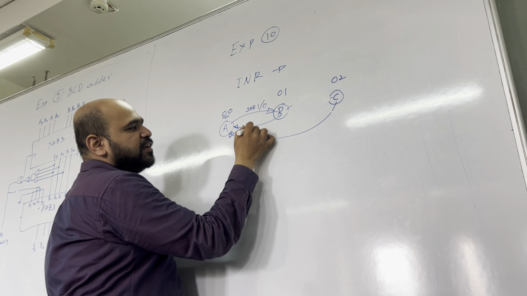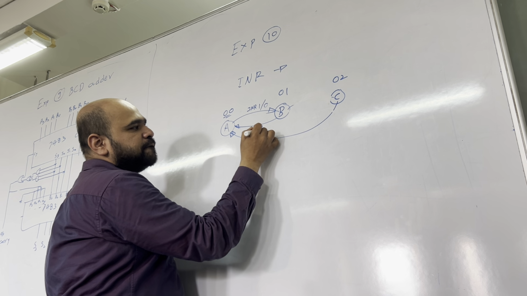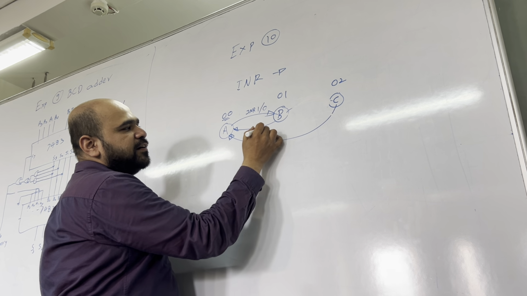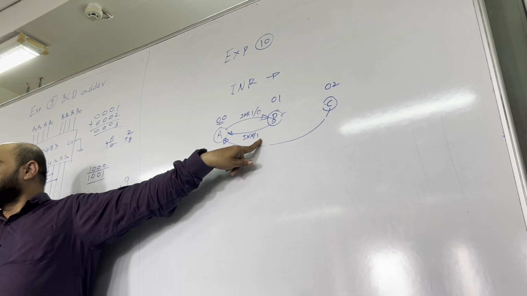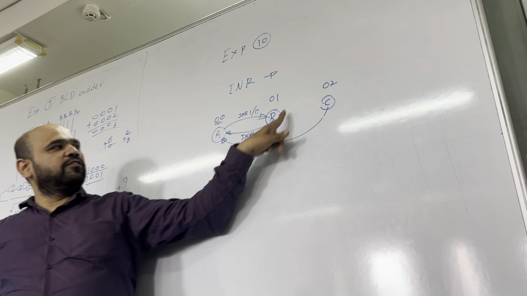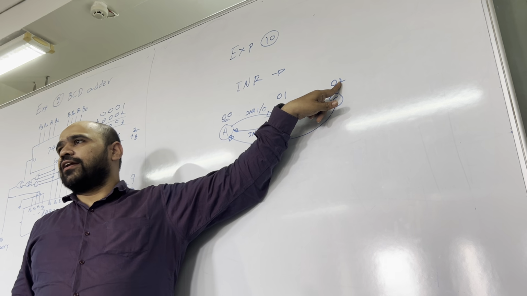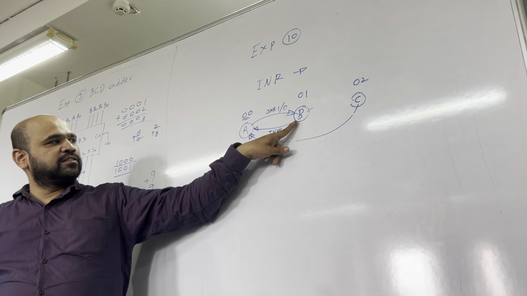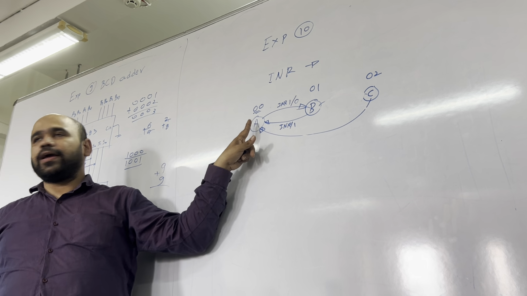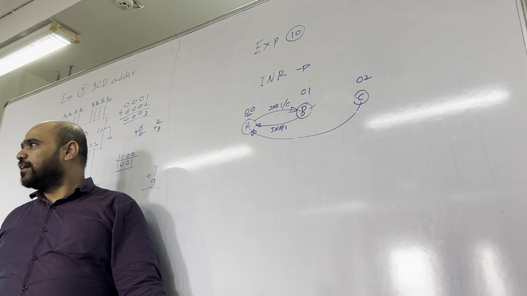If one more INR is credited and dispatch the candy. Understood? So we would have gone to C saying rupees 2 are now credited and then dispatch the candy and return to the A. So I am just simplifying that thing. Go back to A and dispatch the candy.